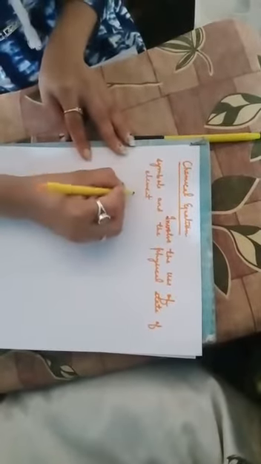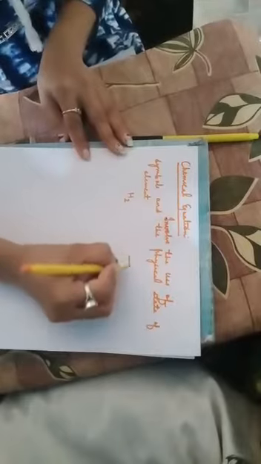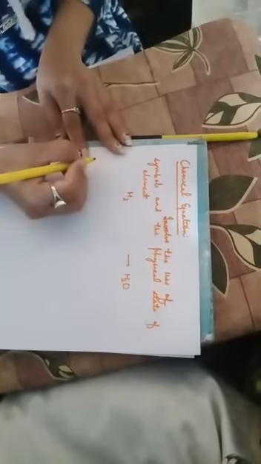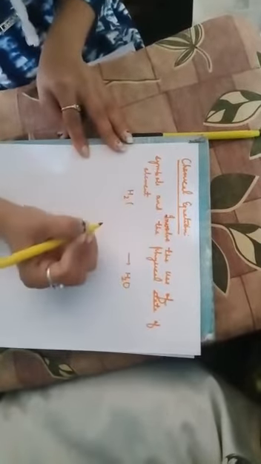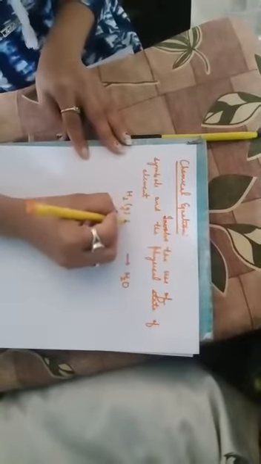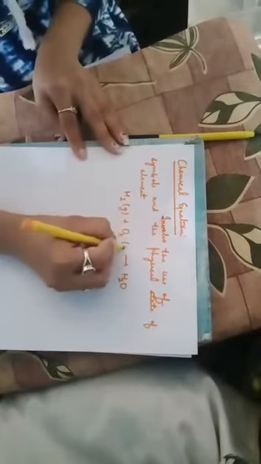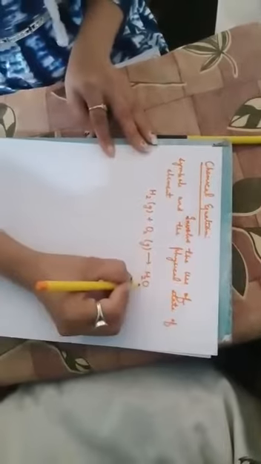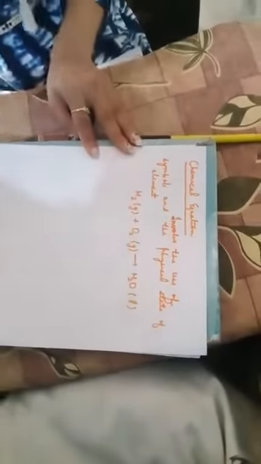Means, for example, during the formation of water, we react hydrogen. Hydrogen is in gaseous form. Then we react oxygen. Oxygen is also in gaseous form. And it forms water. Water is present in liquid form.